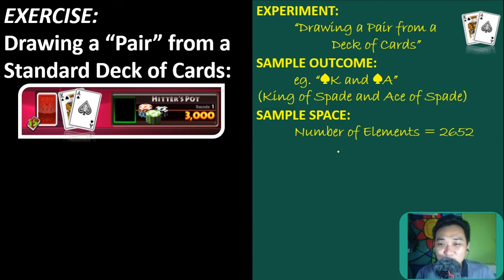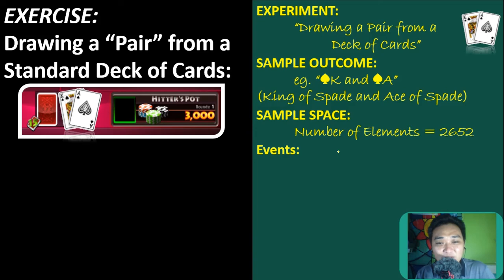We have about 2,652 element for this sample space alone, for this experiment, drawing a pair of cards. Ibig sabihin, there are 2,652 combination of pair of cards if you're going to draw a pair from a standard deck.